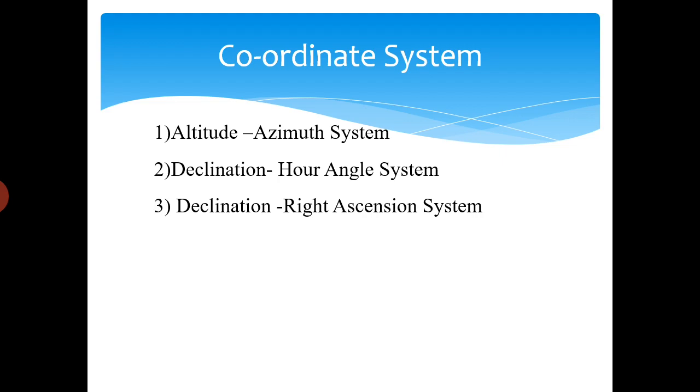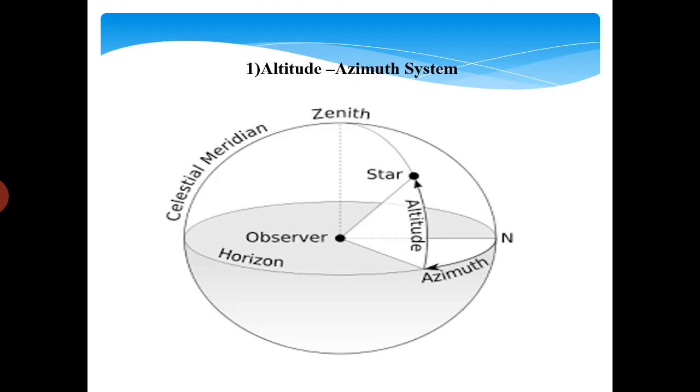First, in the altitude-azimuth system, we can define the position of any celestial body by measuring its altitude and its azimuth. This is the diagram. In that, we can determine the position of the star by measuring the azimuth and the altitude.